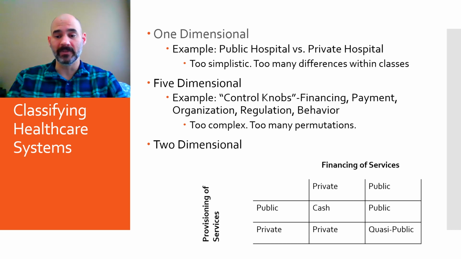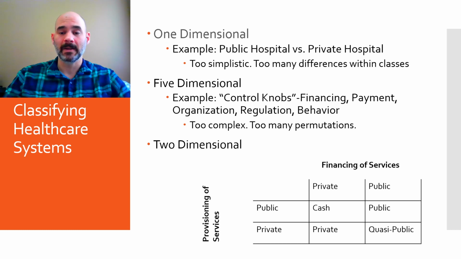If each of them have 5 different levels, then the dimensionality is just going to explode, and we're not going to be able to really think of meaningful differences between different healthcare systems, because there's going to be so many different permutations that we could have.